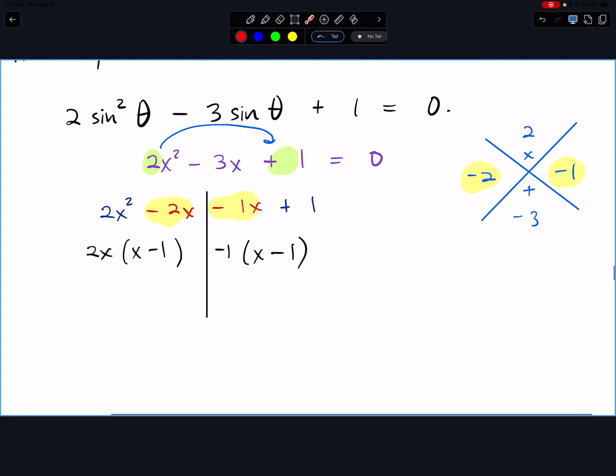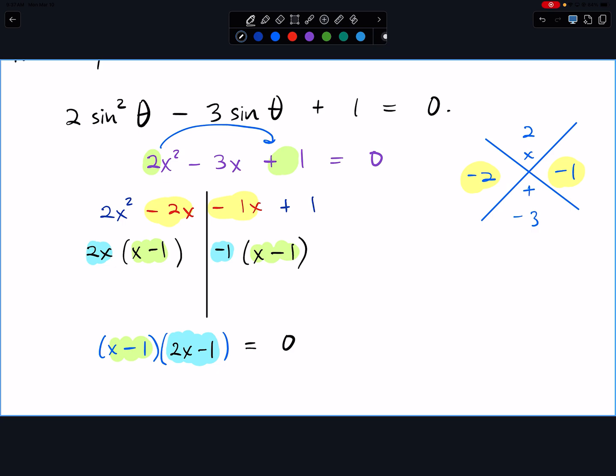Okay, so do you remember then the parentheses that matches would be one of your factors. And then the other factor would just be the stuff that's on the outside? So that's going to be 2x minus 1. And then this goes there. And remember, this all equals 0. Okay, is everyone comfortable?